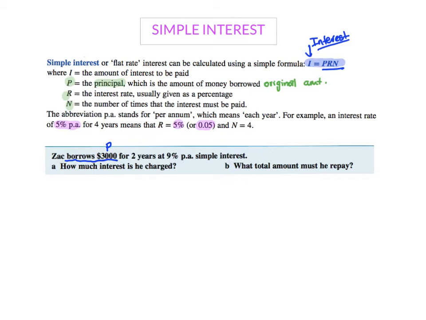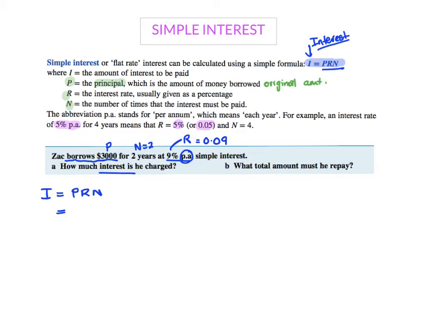Remember, N is how long, so N equals 2. It's getting paid every year, per annum, so that's okay. Here I've got the rate, so I'm going to change that rate to a decimal, 0.09. Then when they ask me how much interest, I'm going to write the formula.